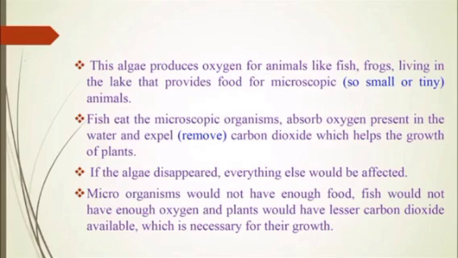If the algae disappeared, everything else would be affected. Microorganisms would not have enough food, fish would not have enough oxygen, and plants would have lesser carbon dioxide available, which is necessary for their growth.